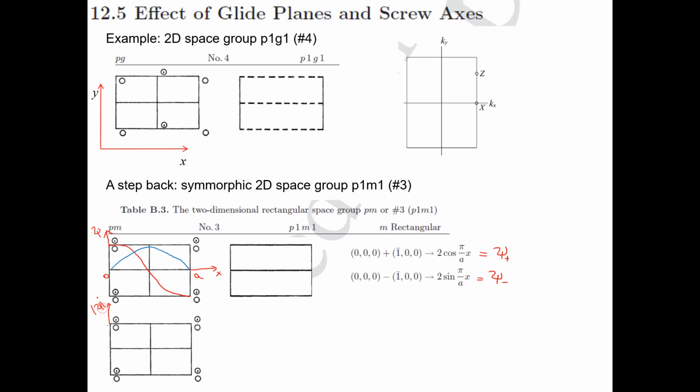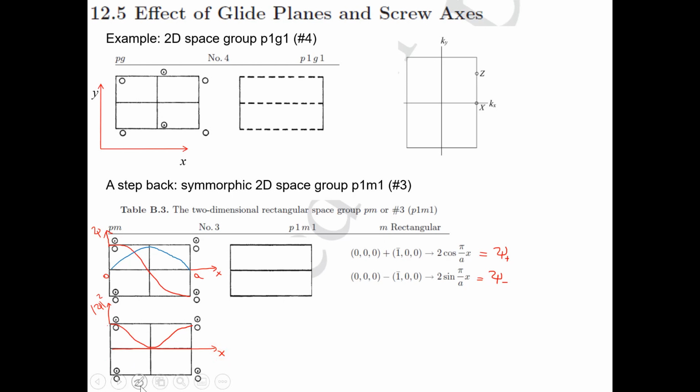So if I draw psi square here, the probability of finding the electron along x, you see here that the cosine solution should give me something like that, right? So again, this is my x direction.